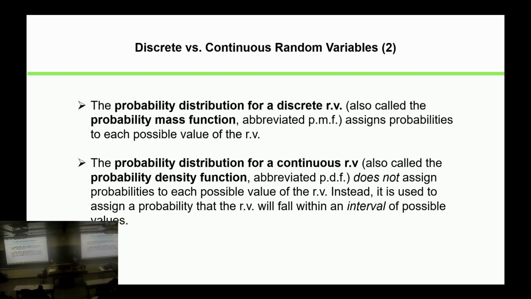Instead, it is used to assign a probability that the random variable will fall within an interval of possible values. And we call that a probability density function. So the key thing is to recognize that the values of the probability density function do not assign probabilities directly. All they do is give you the height of the curve at a particular value of x.